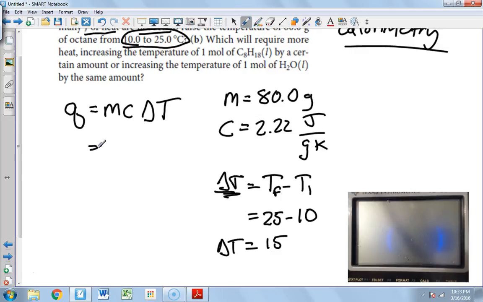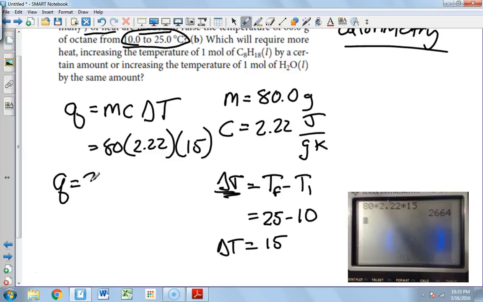Okay, so now we have the mass, we have the specific heat, and we have the change in temperature. 80 times the specific heat is 2.22 times the change in temperature is 15, and so now we can do the math. 80 times 2.22 times 15, and we get Q equals 2664 joules.